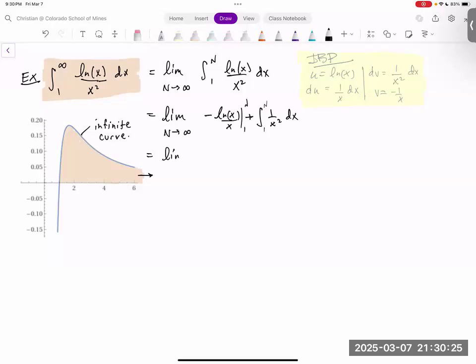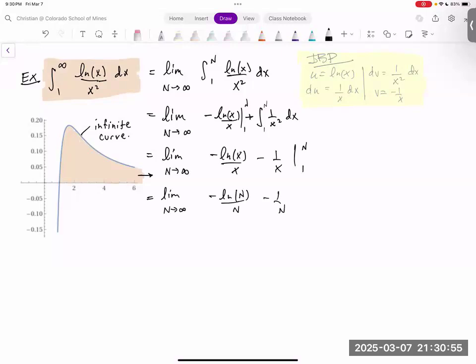So limit as n goes to infinity, we have negative natural log x over x, and then minus 1 over x. Same antiderivative as before from 1 to n, and we're going to plug in n, and we're going to plug in a 1. So limit as n goes to infinity, negative natural log of n, divided by n, minus 1 over n.